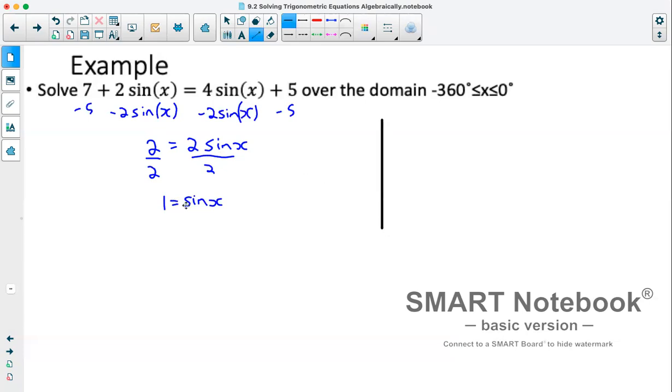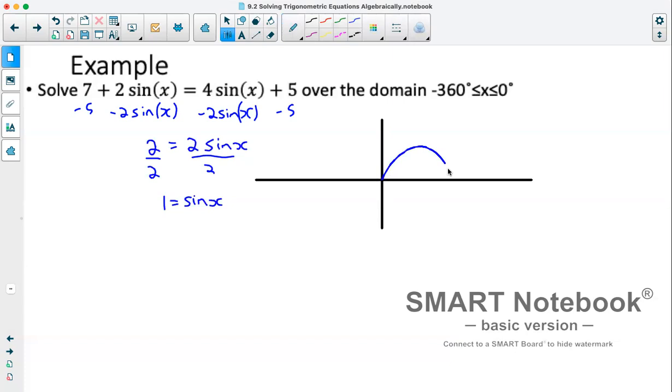Now, in this case, it equaled 1, so we'll utilize our graph of sine to solve this. We know our graph of sine looks something like this, and it's going to go this way over here. Now we should know this maximum in our first period is going to occur at 90 degrees, and that's at a value of 1.